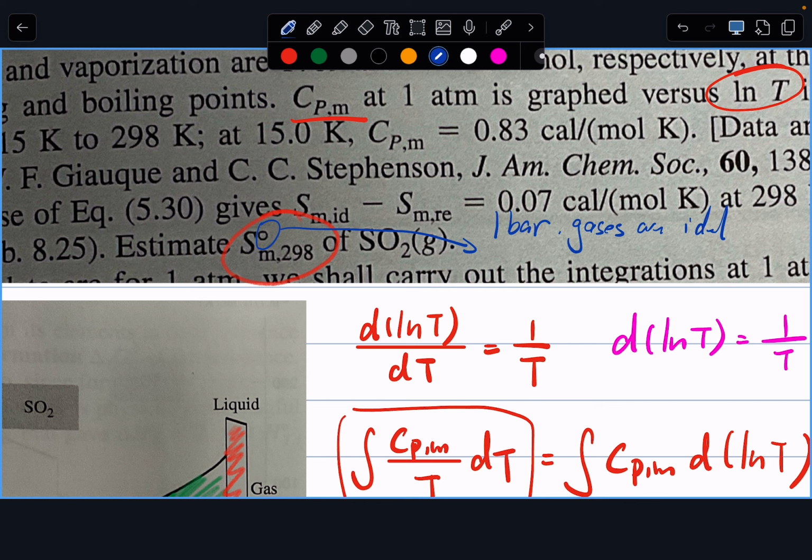The first step is to transfer the gas from real to ideal, with T equals 298 Kelvin and pressure not equal to 1 bar. Then this part is your isothermal pressure change of your ideal gas, which we discussed before.